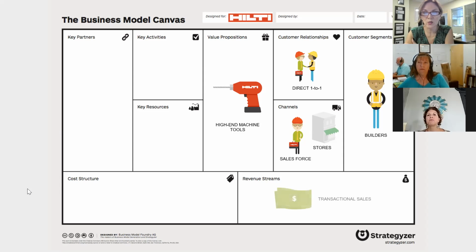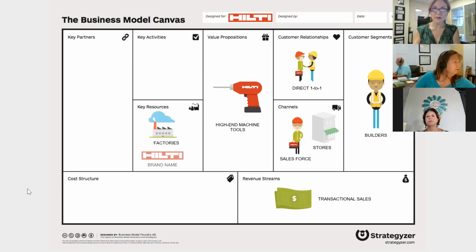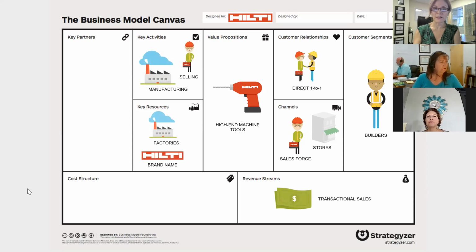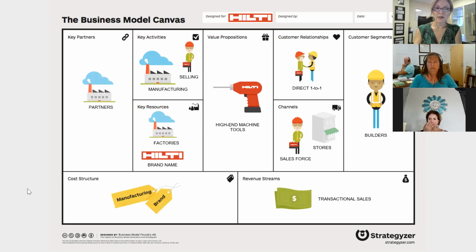They have direct one-to-one relationships. It was all about the transaction, just selling the tools, pretty simple. They have the resources, the factories, the brand name, and the key activities, of course, manufacturing and then selling. Partners were just the manufacturing facility owners, and the cost structure, of course, was the operational cost and the brand. A very simple way to conduct business.